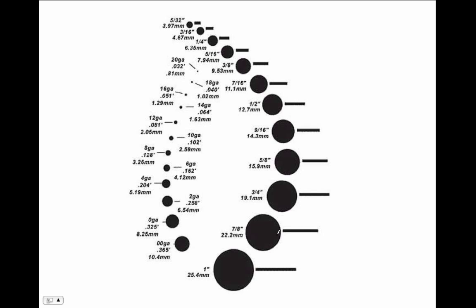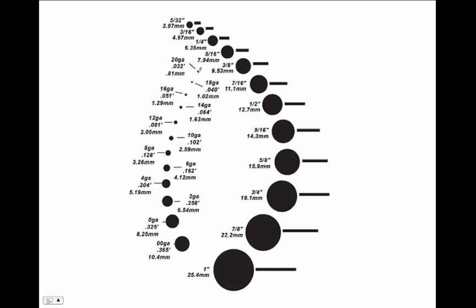Let's look here. So this is a little bit better. This will show you that, for example, a 20 gauge wire would be this diameter, and a 12 gauge wire would be this one. So the smaller the number, actually, the bigger the wire.